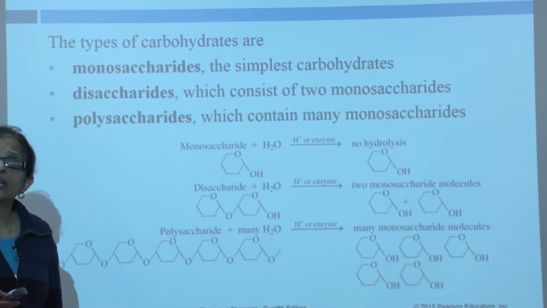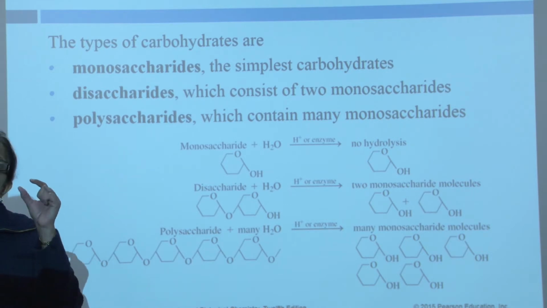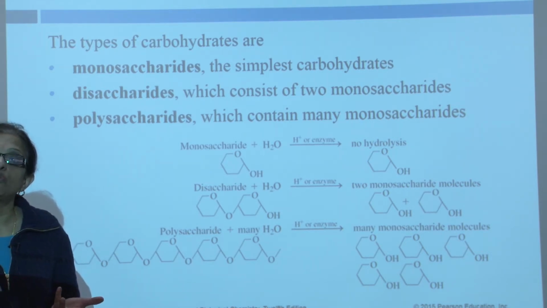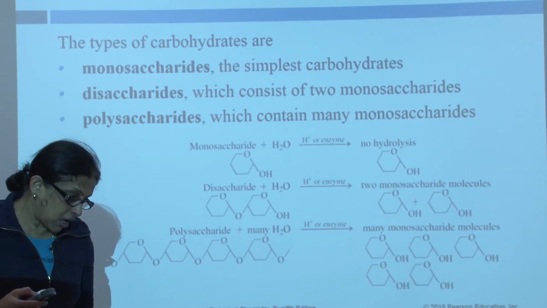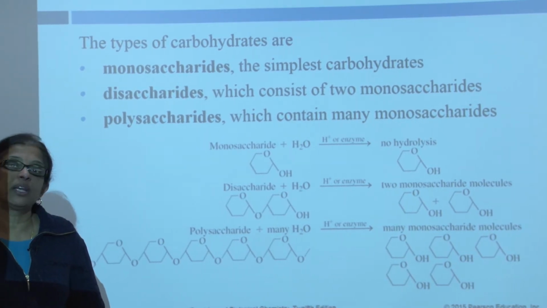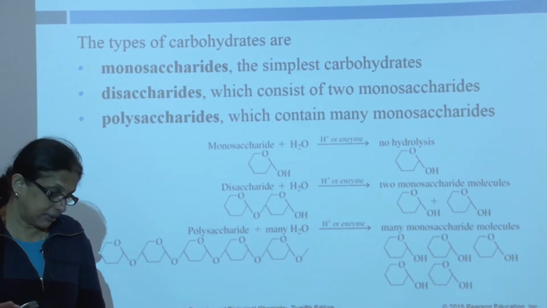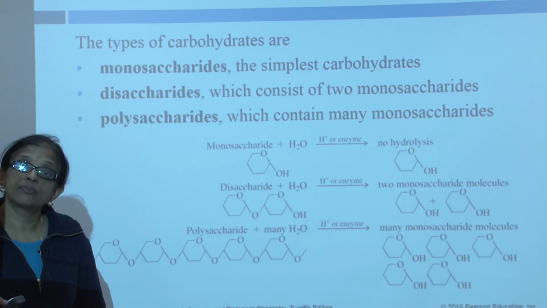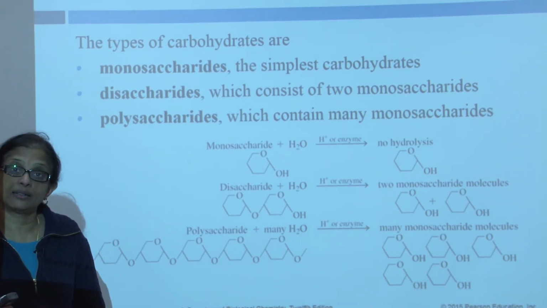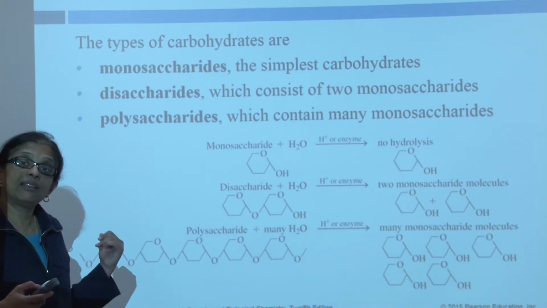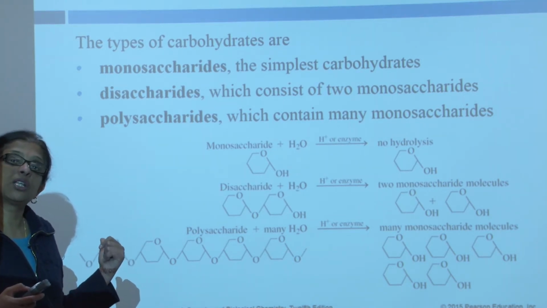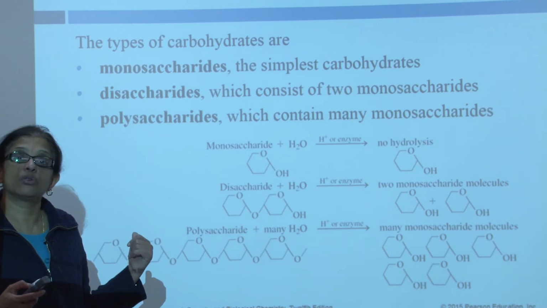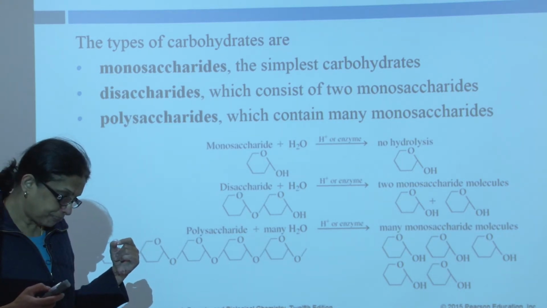We call them monosaccharides because the basic unit cannot be broken down further. A monosaccharide cannot be split into anything else. That is the basic building block. One of the most common carbohydrates, glucose, is a monosaccharide. In the carbon cycle, the molecule that we saw synthesized by plants, glucose, is a monosaccharide.